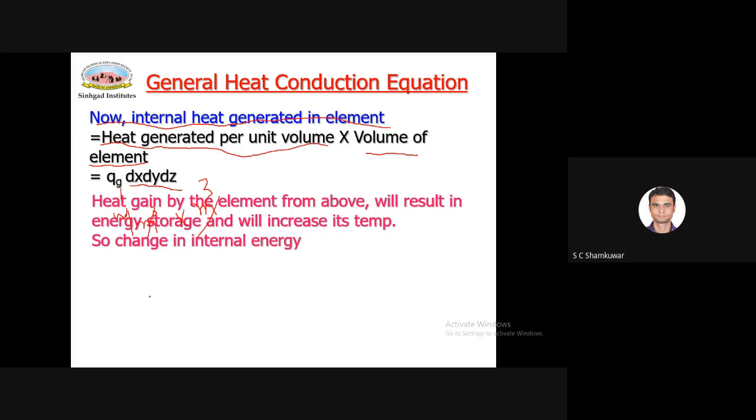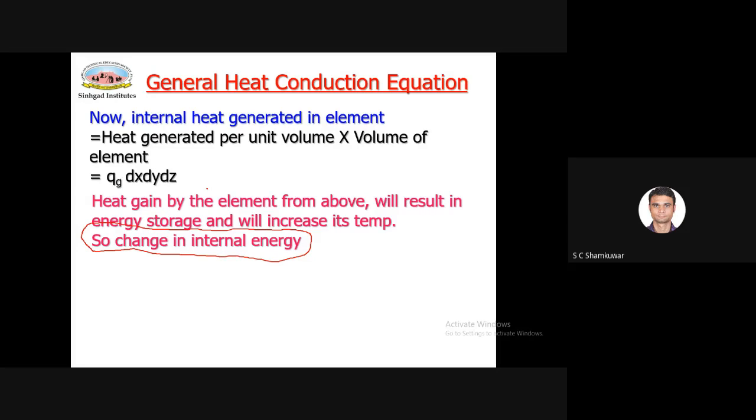Now, after that, what is left? The heat gained by element from above will result in the energy storage and will increase the temperature. So now we will see the change in internal energy of a rectangle.